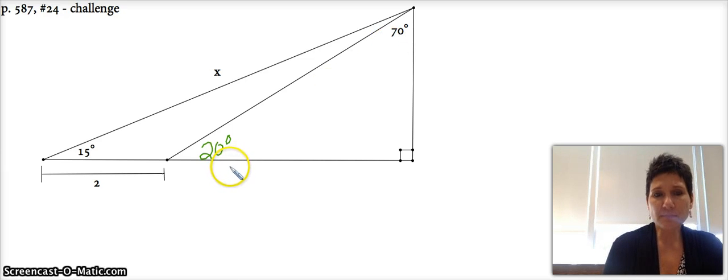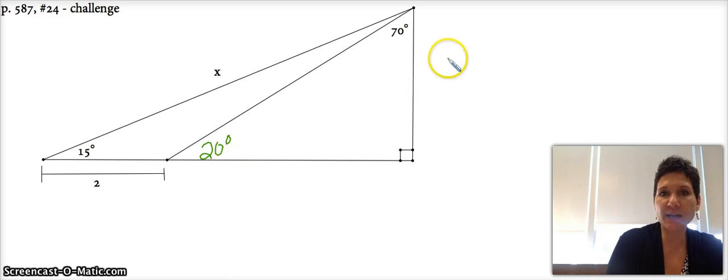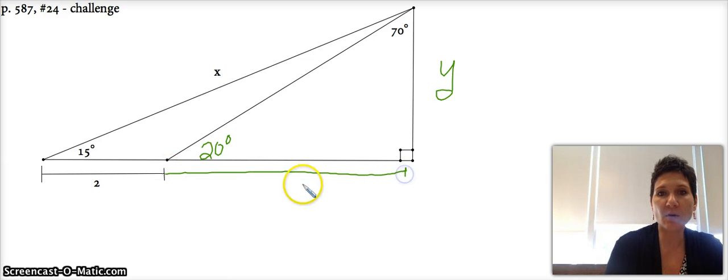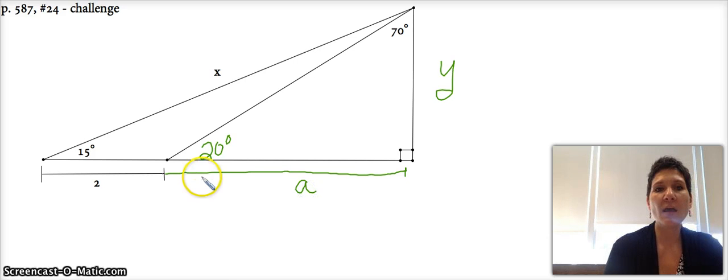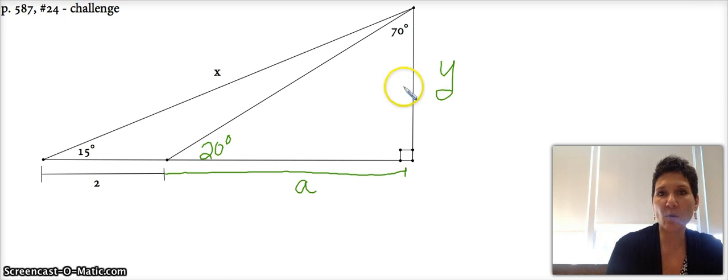Now, if I look at my two right triangles, what side do they totally have in common? I hope you said this side right over here. Now, I don't know what the length of this side is over here, so I'm going to call it A. So now I'm going to write an equation involving the 20-degree right triangle with y, and then another equation involving 15 degrees and y.